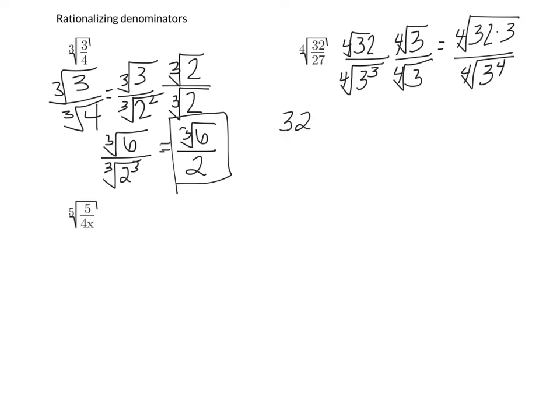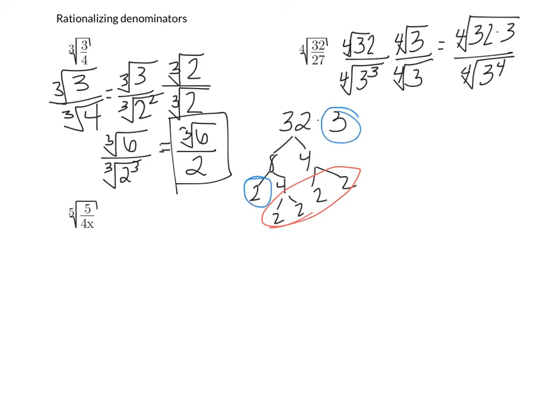32 times 3, obviously 3 is just a 3, but 32 is 8 times 4. 8 is 2 times 4, 4 is 2 times 2, and again 2 times 2. I'm dealing with the fourth root, so I need 4 of a kind. So we're looking at having 4 2's, so that's going to come out, and then this 2 and this 3 are left under the radical.